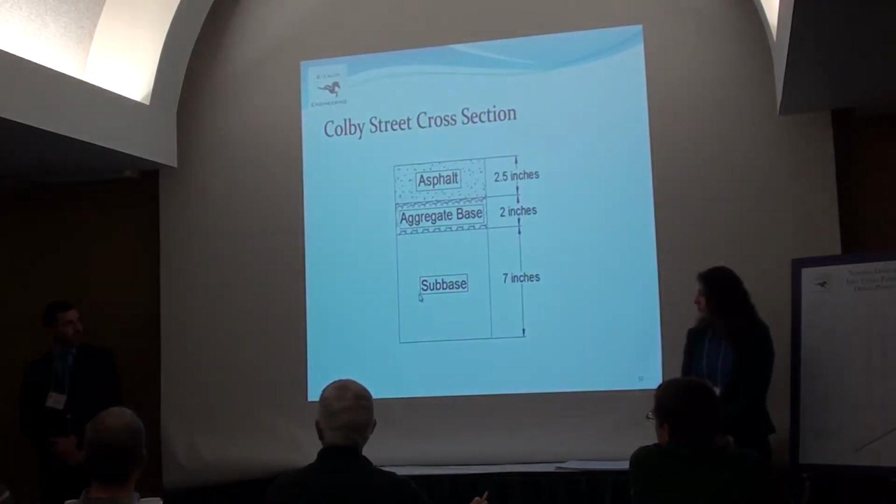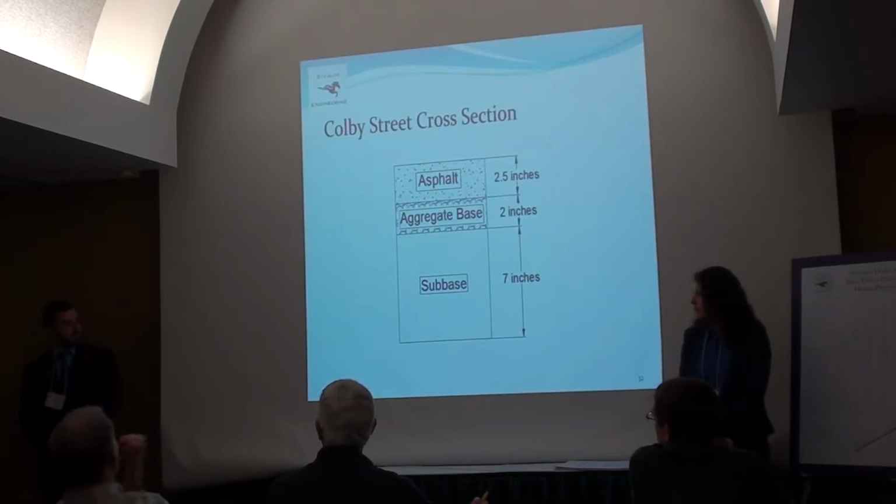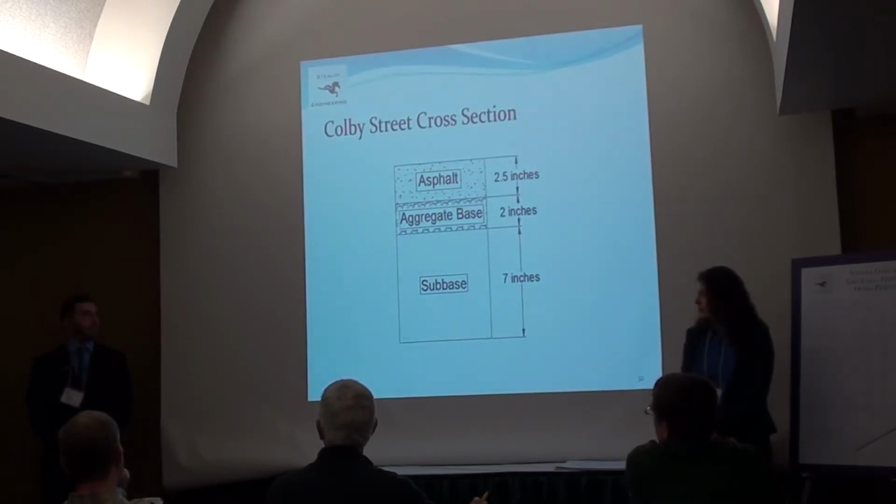We felt that that was an over-design. Based on AASHTO, we got 2.5 inches to last the pavement 20 years. This Colby Street essentially serves a limited amount of lots. We felt that due to the traffic, the regulation was an over-design of the pavement. Okay.